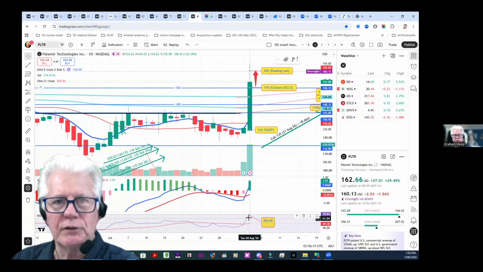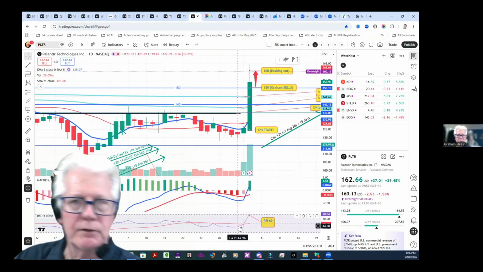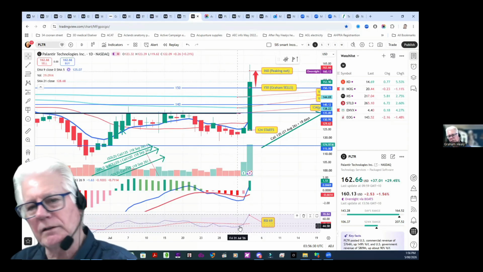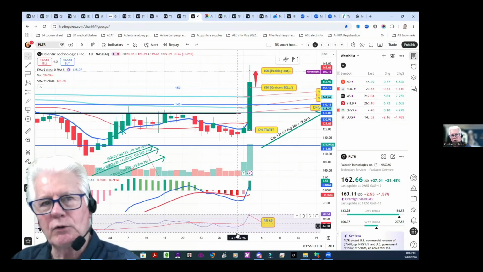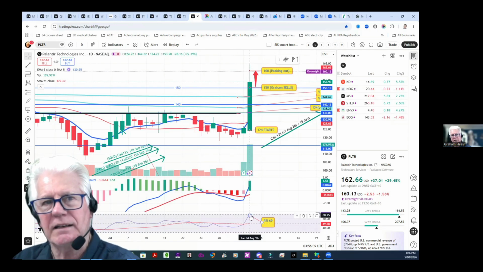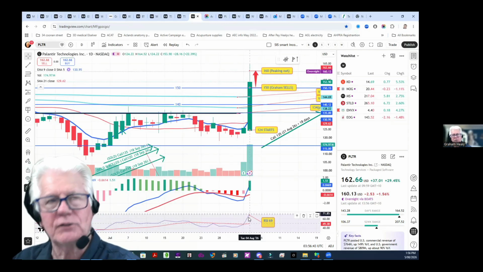The answer is have a look at the RSI. The RSI is up here at the top end. Just take the money and run. Simple as that. If the RSI was here, say for instance at 44, well, yeah, I could roll it. I could take it longer term or whatever, because there's still gas in the tank. Just look at this. The RSI is gas in the tank. If it's halfway, we've still got half gas in the tank.